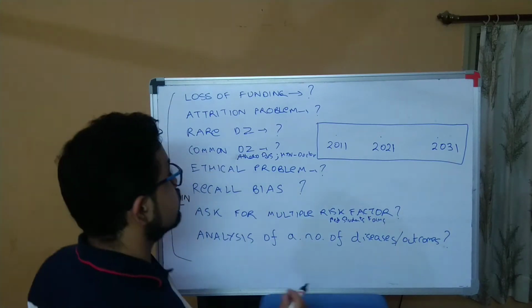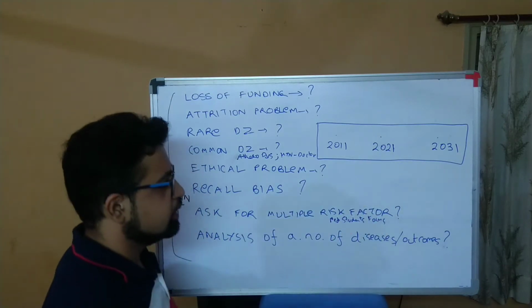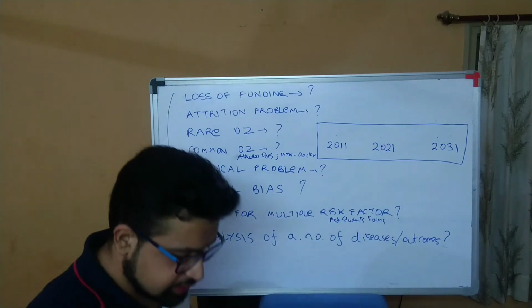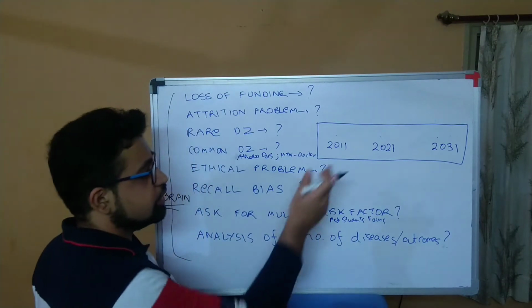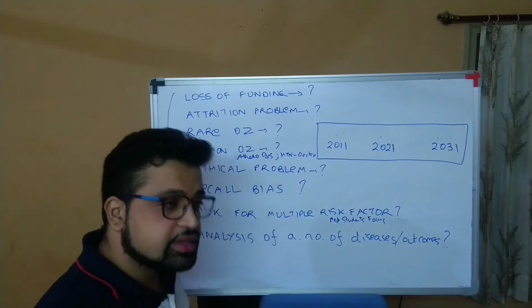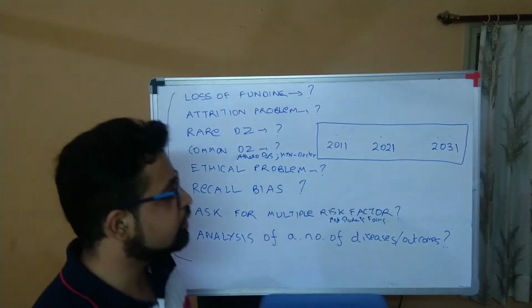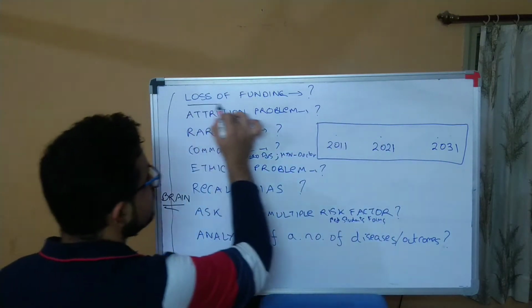So you might get loss of funding. You start the study in 2021; in 2025, the director of the agency which told you to do this study goes bankrupt, he dies. What do you do? You don't have any money. In 2025, you get the loss of funding.